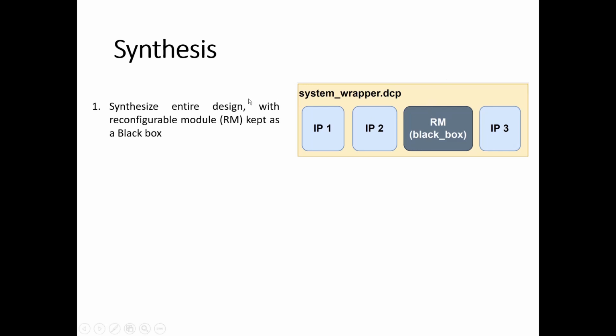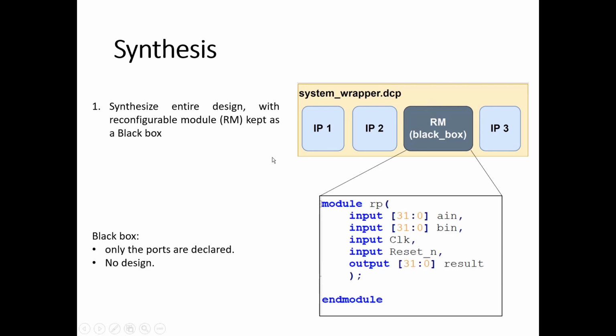So we will keep it as a black box. How is it done? By simply removing all the design sources from it. So only the ports are declared, and there will be no design, and the tool will itself see that there is no design, so it will synthesize it as a black box.